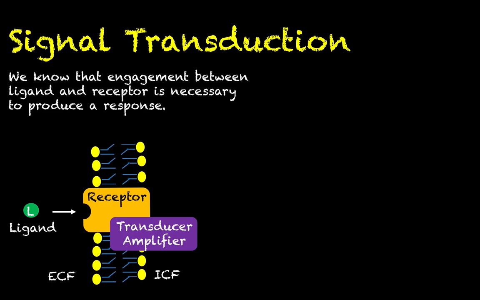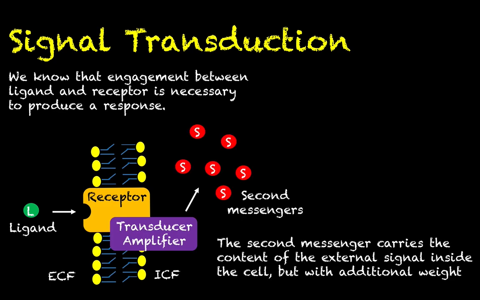So the receptor does not exist all by itself. The receptor is often complexed with another component called a transducer and another one called an amplifier. For the sake of simplicity here, I am showing the transducer and the amplifier as being one and the same, but that is not always going to be the case.